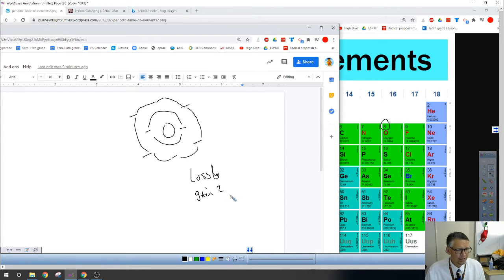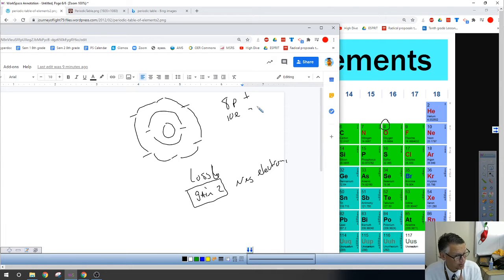Well, it's easier to gain 2, so oxygen is going to gain 2 negative electrons. If oxygen gains 2 negative electrons, that means it's going to have 8 protons and 10 electrons. Protons have a positive charge, electrons have a negative charge.